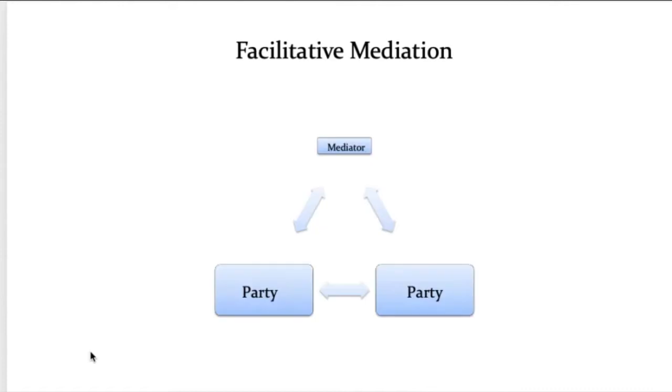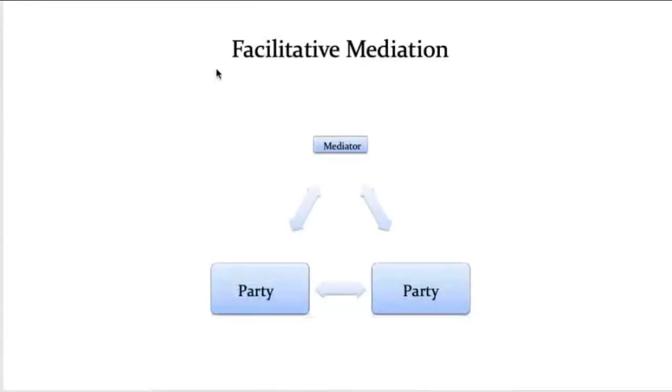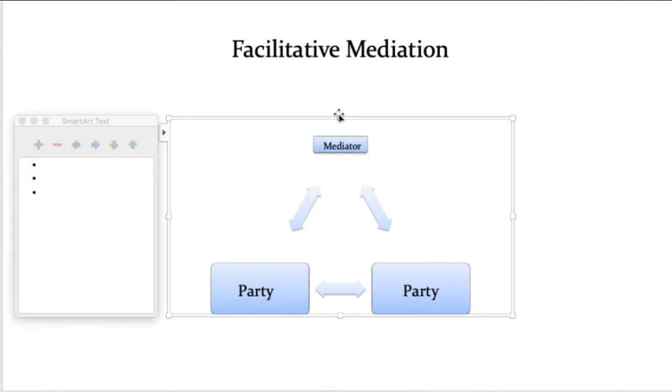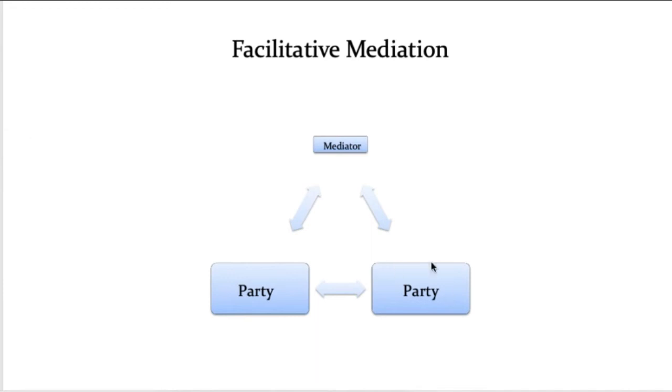And the facilitative mediator there has a relatively small role, insofar as they're primarily just there to facilitate communication between the parties. And the parties themselves, in facilitated mediation, generate the solutions. So that's why on this slide, the mediator is relatively small, because the parties are the source of the solutions.